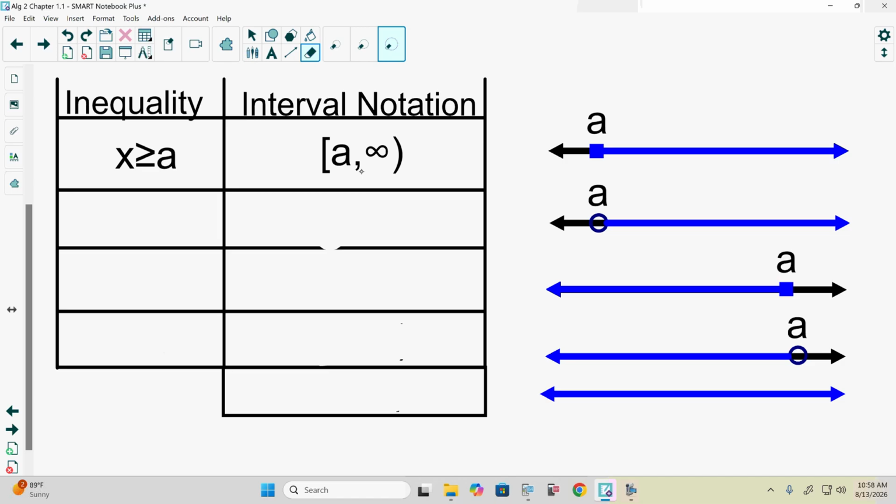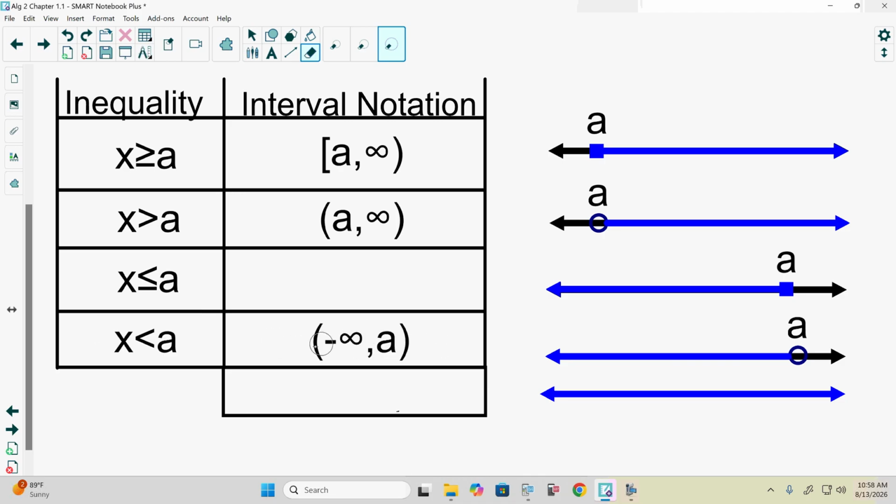Now with these here, infinity and negative infinity will always have a parenthesis. So even if we talk about the other few, let's bring all these up. X is less than or equal to A. X is less than A, so we're going to negative infinity because we're getting smaller and smaller, bigger and bigger negative numbers.